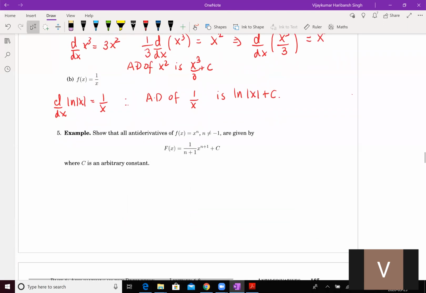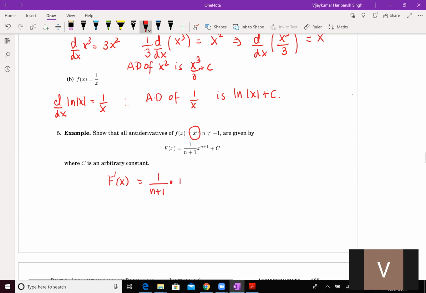Show that all the antiderivatives of f of x, which is x to the n, with n not equal to -1, are given by the following. To show that this is an antiderivative of x to the n, all you need to do is compute F prime of x. That is going to be 1 upon n plus 1. The constant comes out.